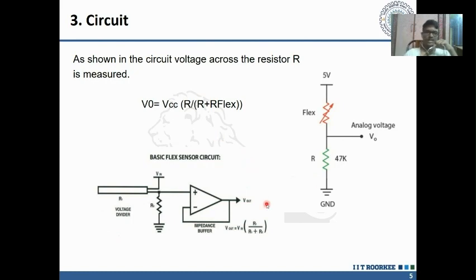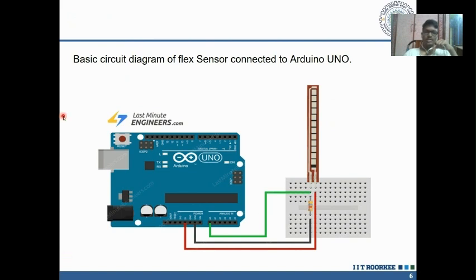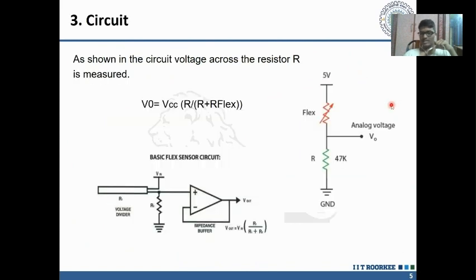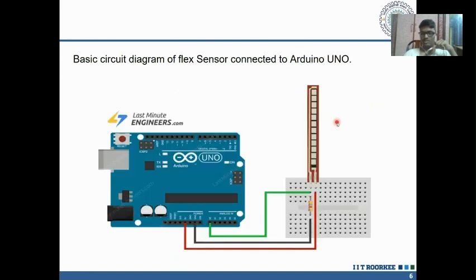This is the general circuit diagram, and this is the practical use of the flex sensor along with an Arduino Uno. This is the basic circuit shown here. The flex sensor and the resistor are here; this one is the resistor. We are measuring the voltage drop across this small resistor.